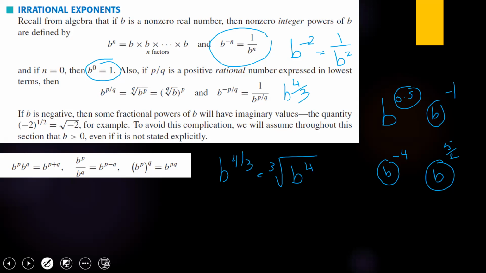And if I have a negative power, the first step is to write the reciprocal of b, which is 1 over b, and then I will write the opposite of the exponent, which is positive.